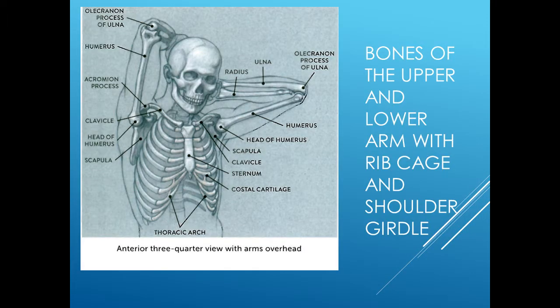hand. All right, next, bones of the upper and lower arm with the rib cage and shoulder girdle. So here you can see a good look at the elbow when you put your arms. And while we're going through these, it's actually a good idea to get in some of the poses that the pictures show and then feel the bones with your other hand.